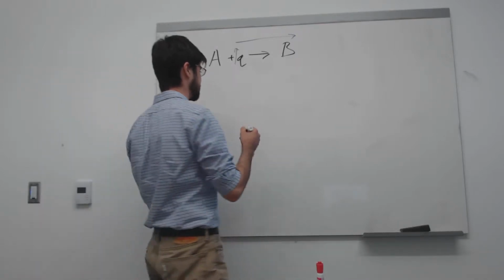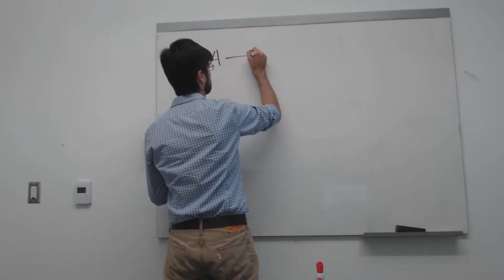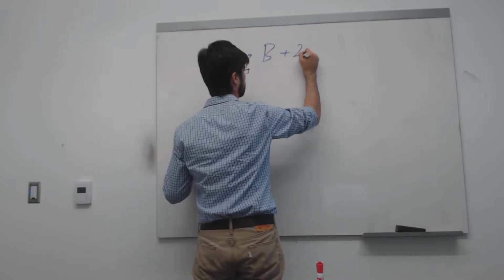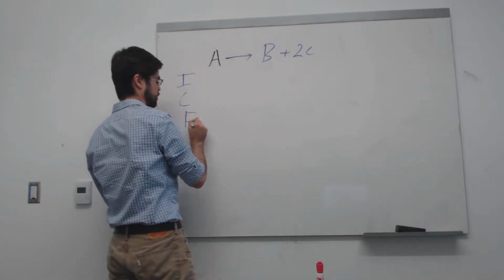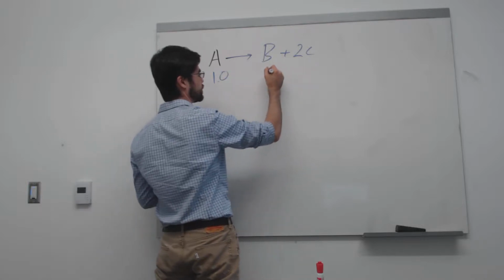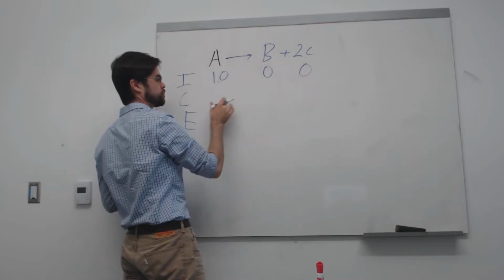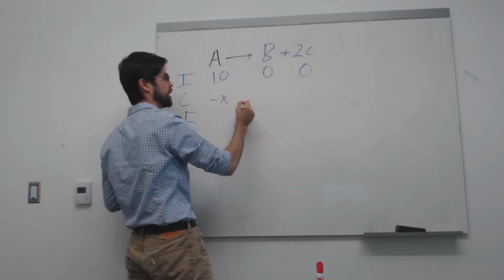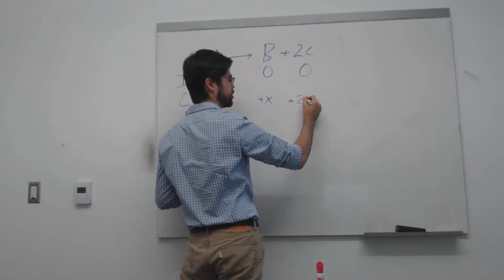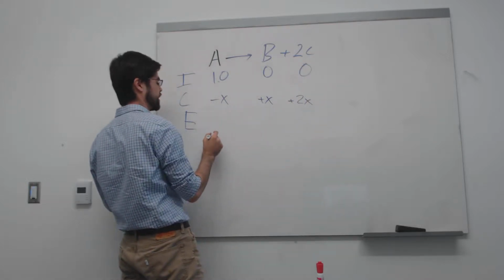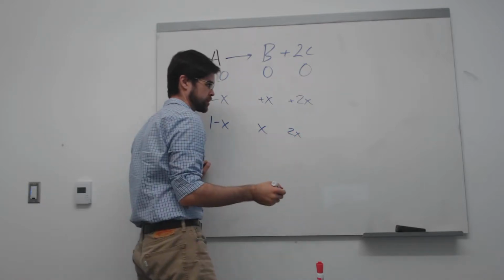Let me explain. A case like this, where I was going from, say, A breaks into B plus 2 times C. Let's say I was starting with, initially, I'm making up numbers again, 1 mole of this, no moles of that, no moles of this. The reaction will shift towards the product, so I will lose some A, I will generate some X of B, and I will generate twice as much C. So my equilibrium concentrations should be 1 minus X, X, and 2X.